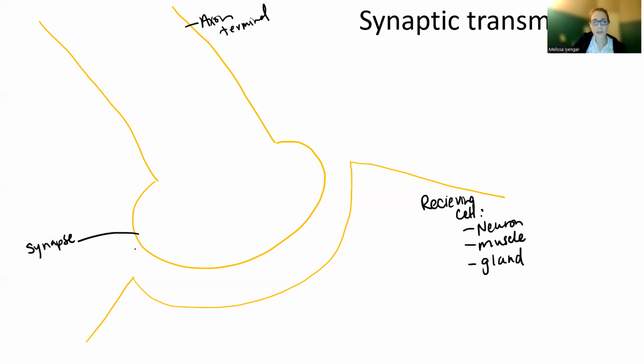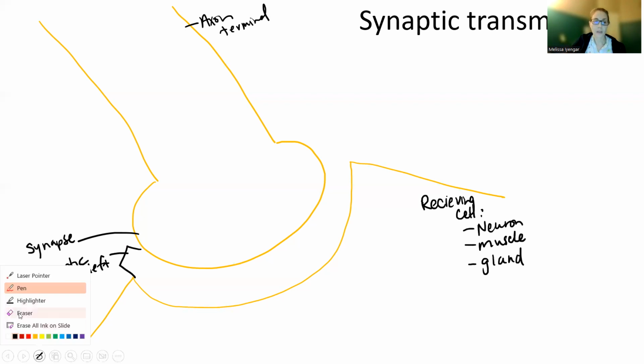So between the synapse and the receiving cell is an area that is going to be called the synaptic cleft. This is basically just space between the two cell membranes, and this will be filled with interstitial fluid. Remember, interstitial fluid is the fluid that goes around our cells, it bathes all our cells.